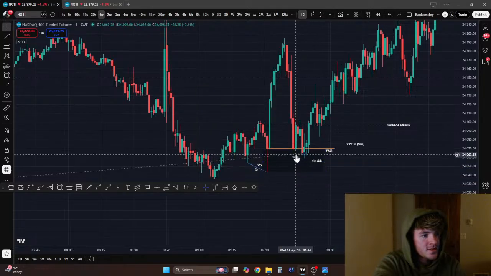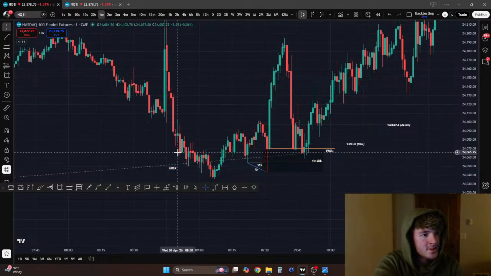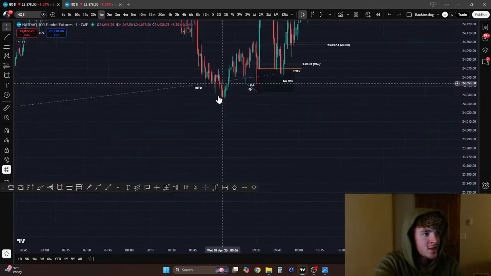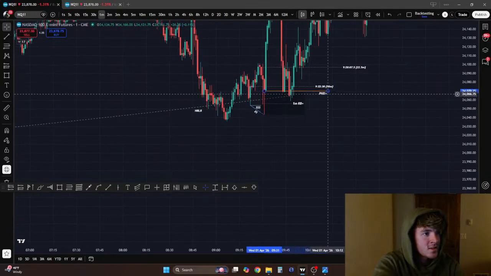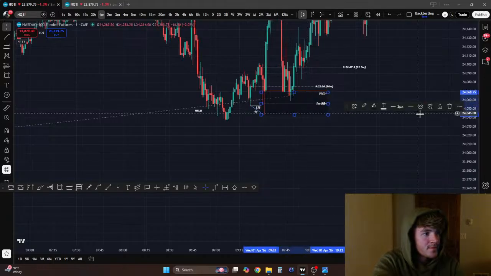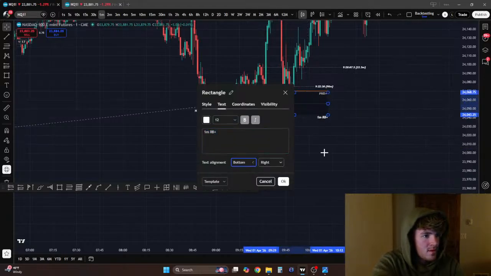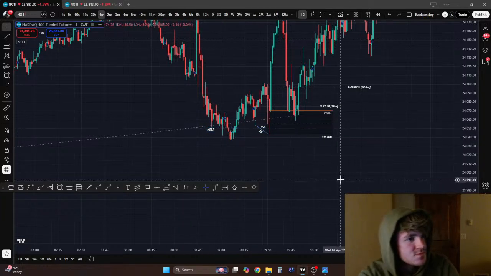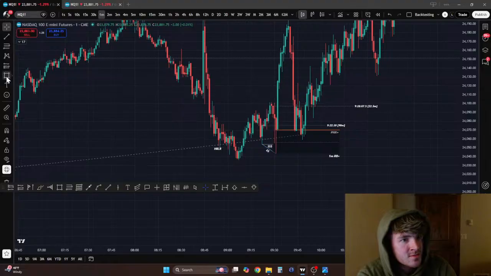But yeah, this is a Phoenix model, right? High resistance liquidity. Every time we push into this, we're rejecting it, rejecting it, rejecting it. And then we have a Phoenix model rejection block.